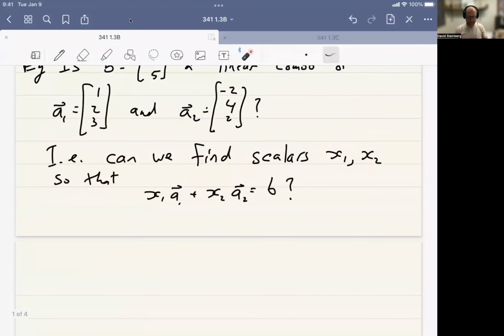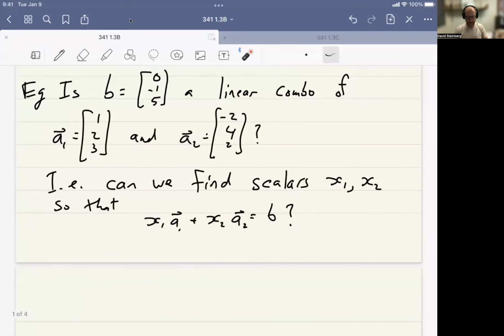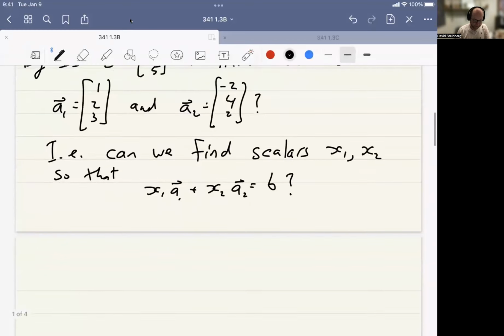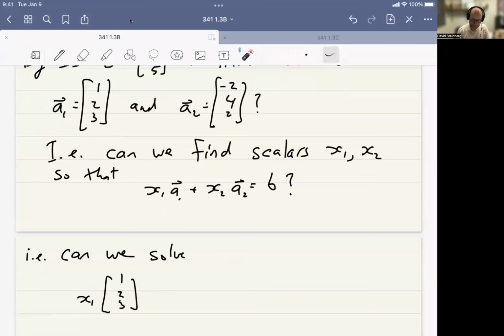Let's break down again what it is that we're asking. We really want to know, can we solve x1 times the vector (1, 2, 3), that was what a1 is, plus x2 times (-2, 4, 2) equal to b, which was (0, -1, 5).